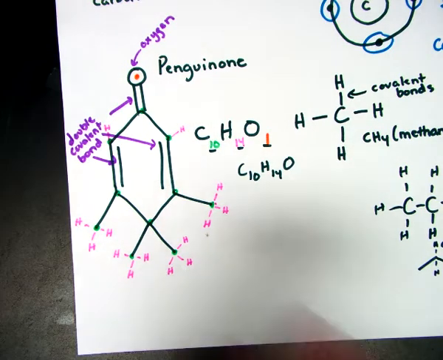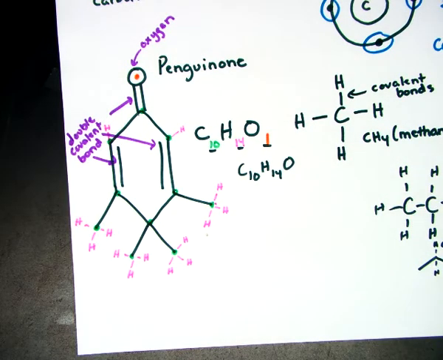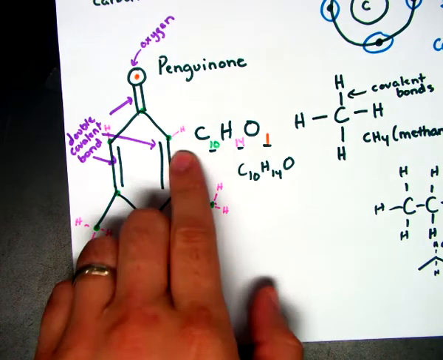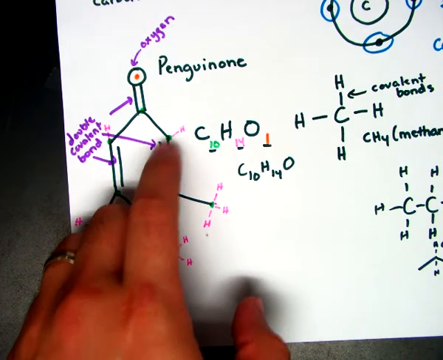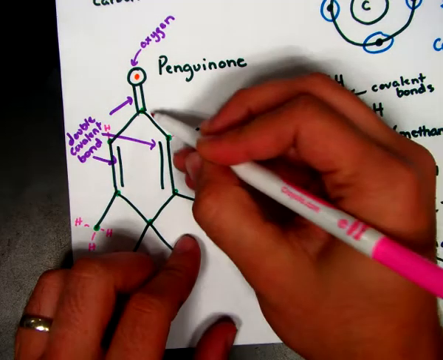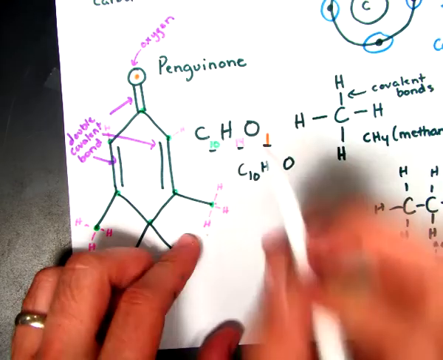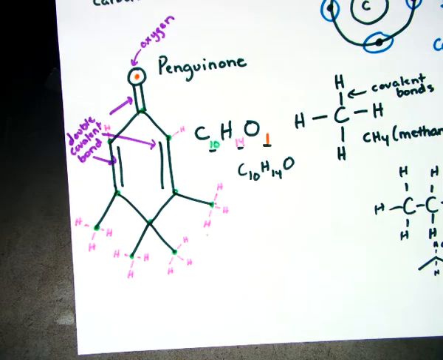There were 3 remaining spots in the outermost shell of the carbon, so they formed 3 bonds with hydrogens. Here, though, there's 1, 2, 3 covalent bonds. 1's remaining. Hydrogen. Everybody got it?